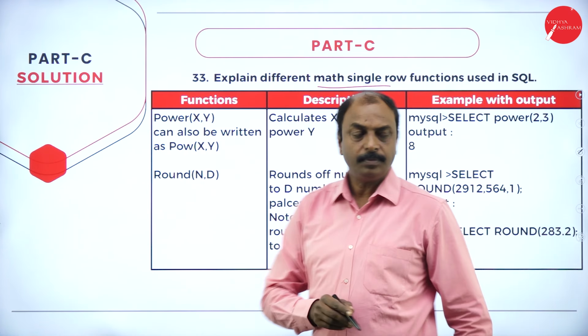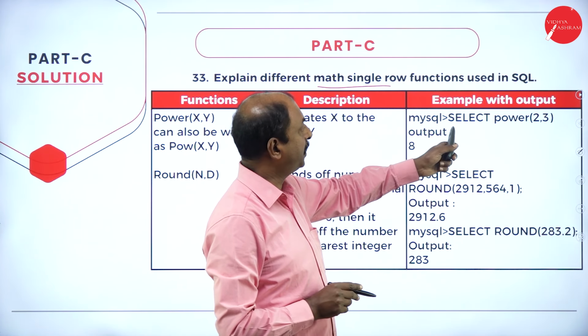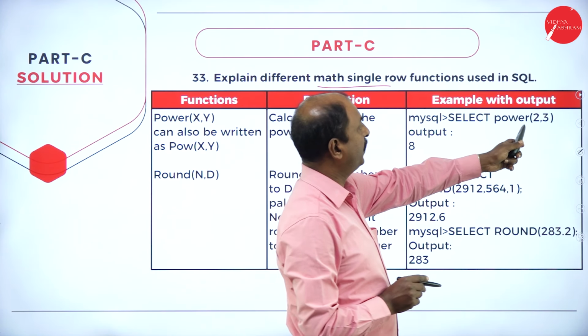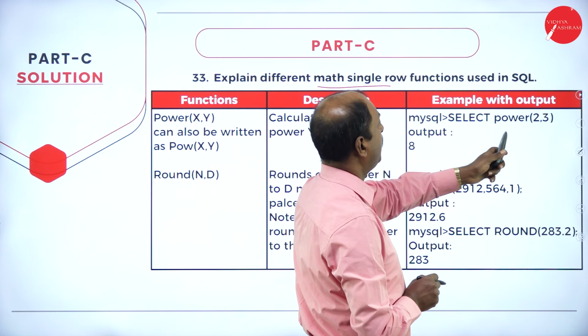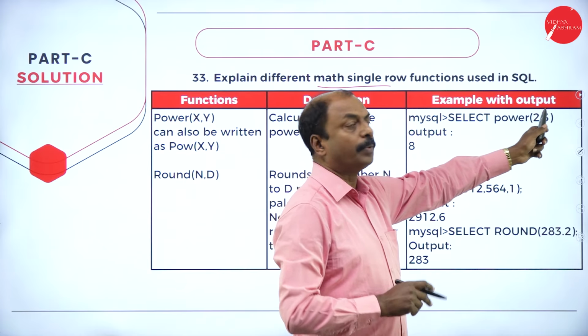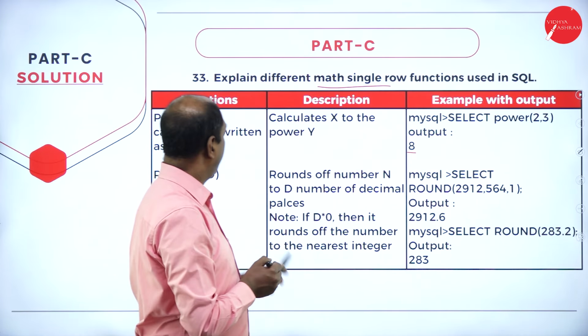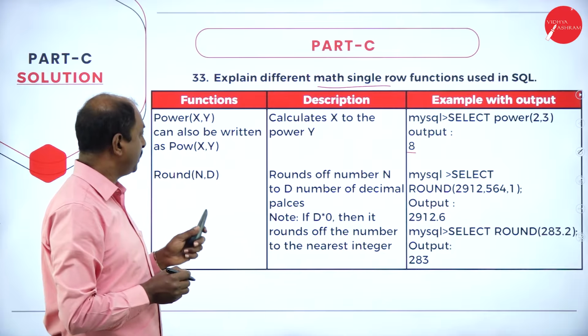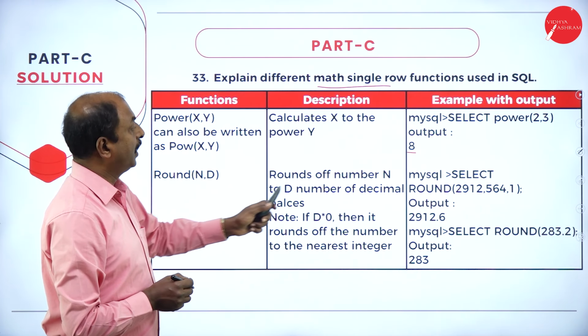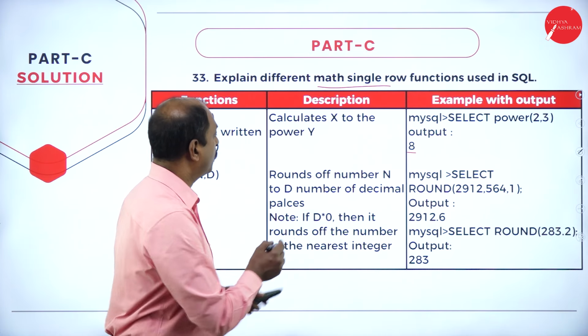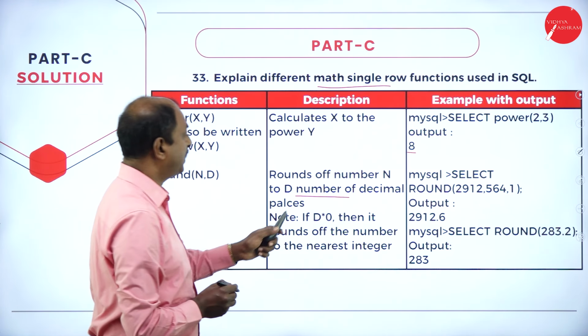For example, at the MySQL prompt, we say SELECT POWER(2, 3). The output is 2 to the power of 3, that is 8. Next function is the ROUND function, ROUND(n, d). It rounds off the number n to d number of decimal places.